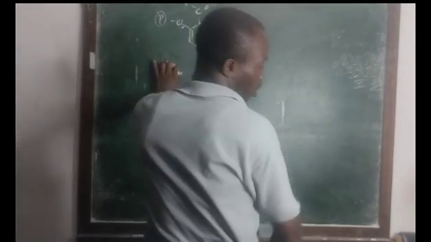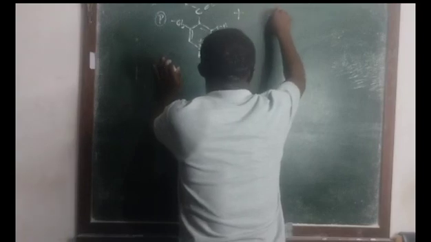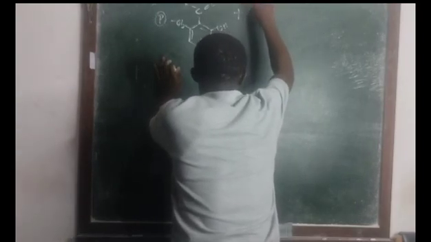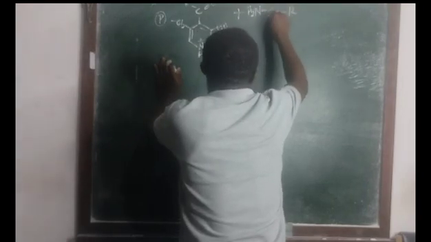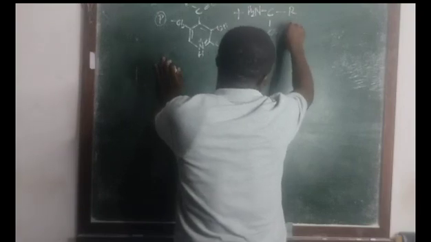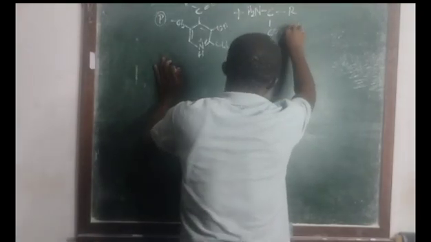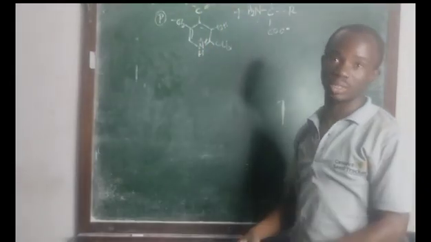Let's give an example of an amino acid: we have C, NH2, R, COO minus, and H. So it's still like that Schiff base, the same thing, but the only difference is that the amino group is not in the enzyme, it is from an amino acid.